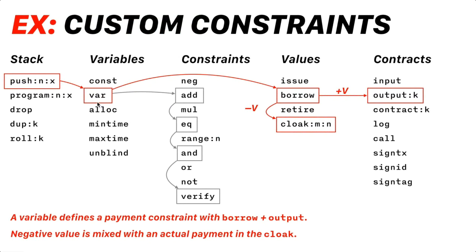To do that, we use a borrow instruction that produces a pair of assets, a positive and a negative value. The positive one is locked in a new contract or address. The negative one is simply left on the stack, which zkVM forbids from simply destroying. The author of the transaction must combine this negative value with the corresponding positive one using the cloak construction that merges and splits any number of values in the transaction, and also makes sure that the values are not counterfeited or transmuted incorrectly.